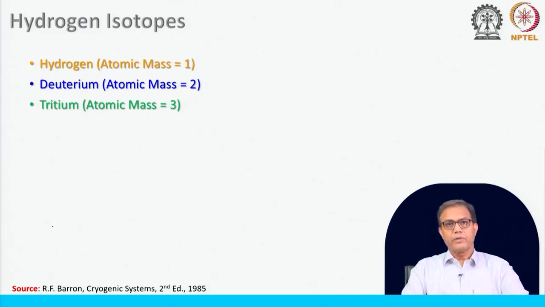Deuterium and hydrogen both are diatomic molecules, but in the atmosphere hydrogen is hydrogen and deuterium forms hydrogen deuteride. It is again a diatomic molecule, but it is mixed, and it is available with hydrogen in the ratio of 3200 to 1.